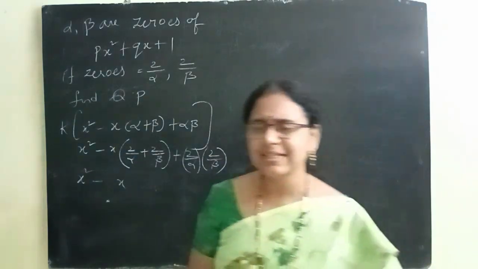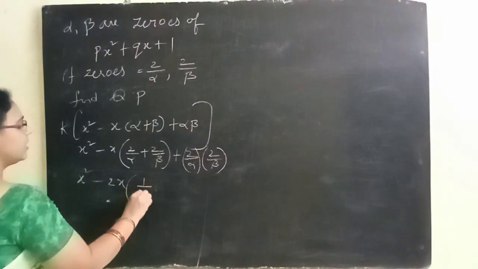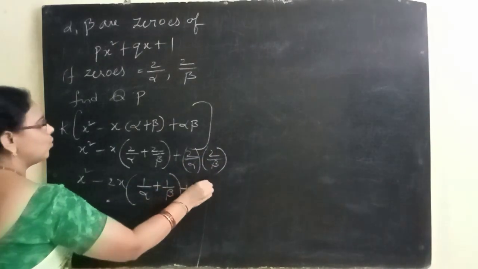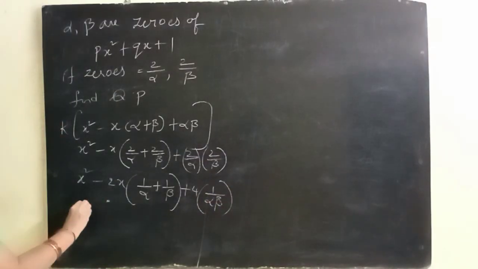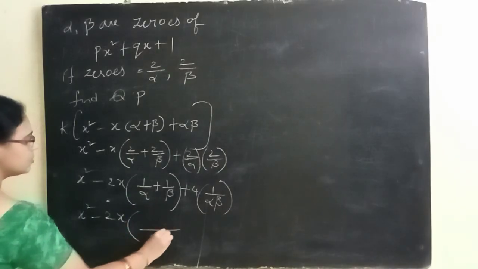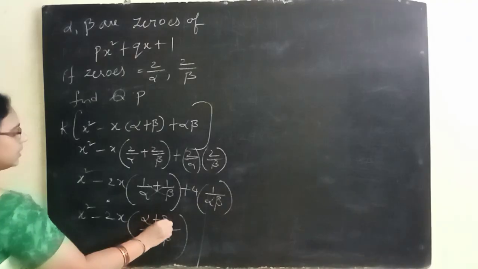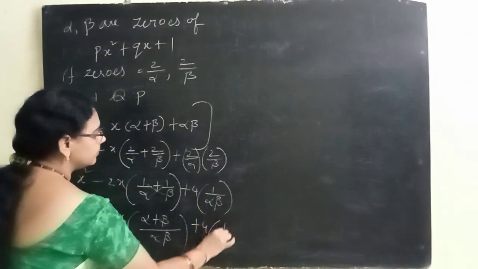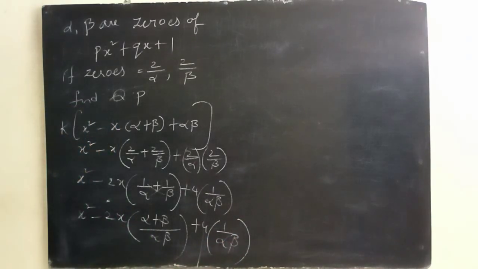Better to take 2 as a common factor. Then 2x into 1 by alpha plus 1 by beta, plus 2 2s are 4, 1 by alpha beta. X square minus 2x into product of denominators as LCM. Then you will get the numerator alpha plus beta. It is our simplified answer.